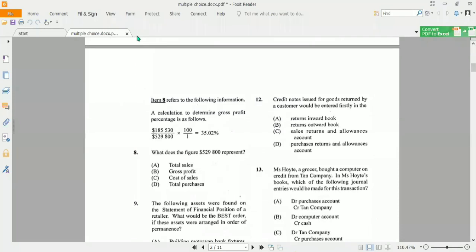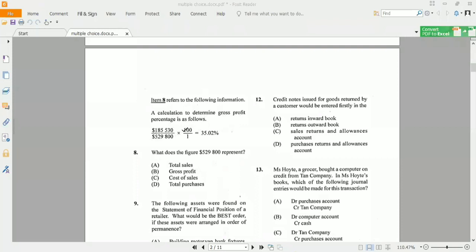So we're now at number 8. Number 8 reads, a calculation to determine gross profit percentage is as follows. Can that person mute for me, please? Thank you.